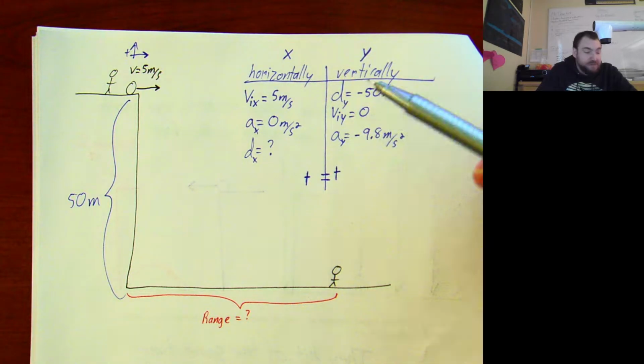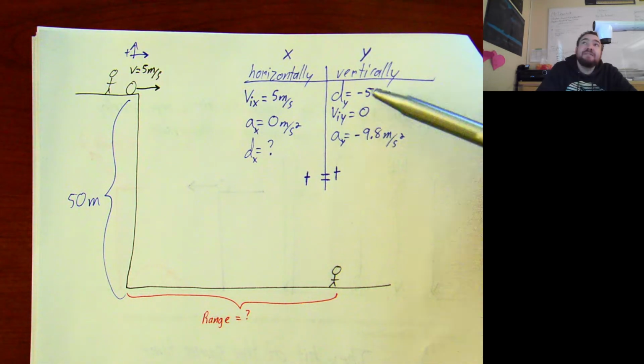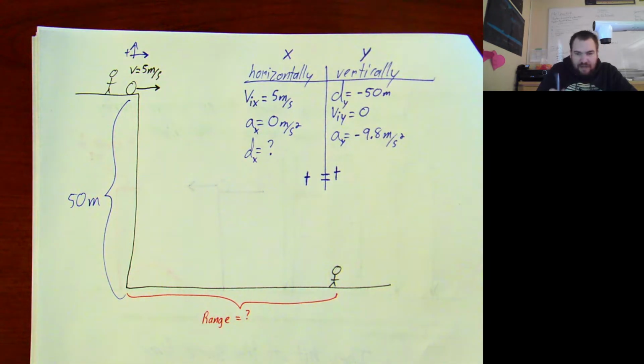So what we're going to do here is actually what Luis just said. We're going to figure out what the time is using our information vertically, and that's going to give us what our range is going to be over here. So Luis, what formula can I use to figure out how long it takes my object to fall? Okay.